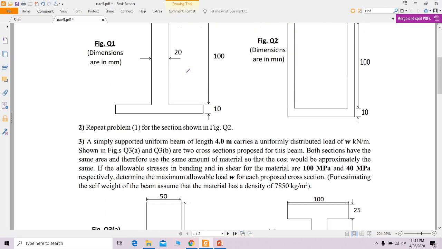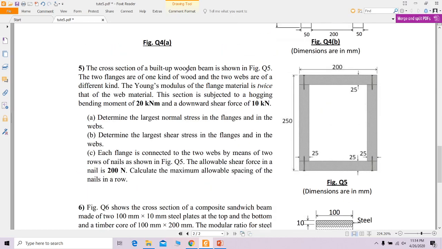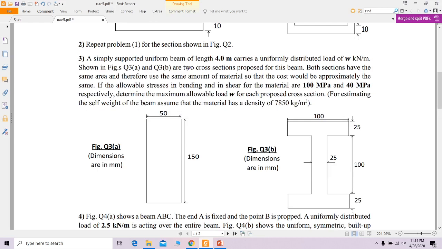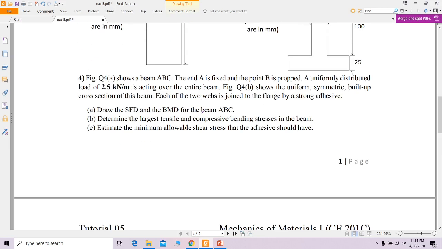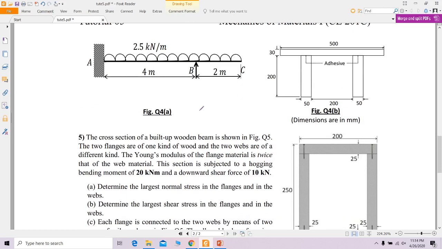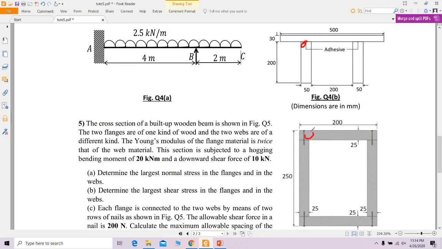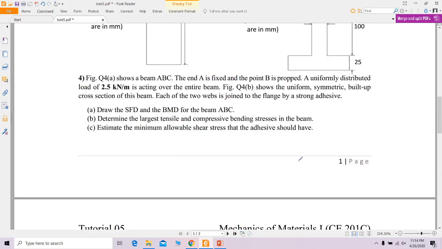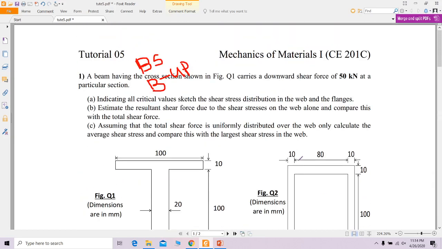Okay, so there we can see 6 questions, and the first 3 questions work with shear stress, and the last 3 questions work with built-up connections. Okay, so please work on this one and I will upload, and after that we can shift to our next section about stress analysis of 2D plane stress problems.